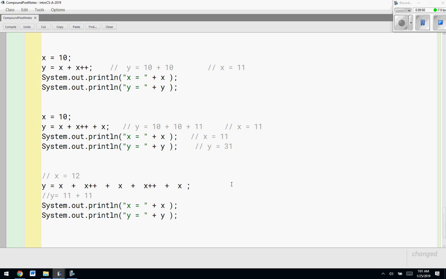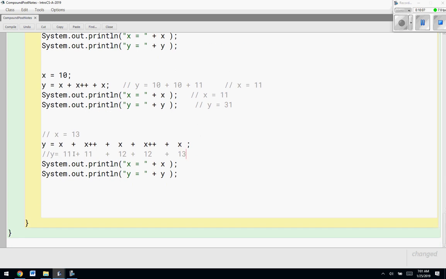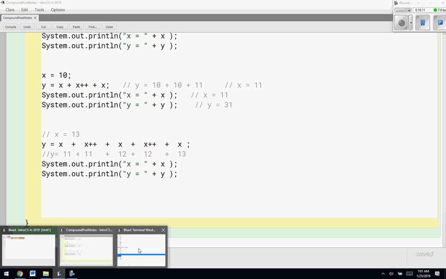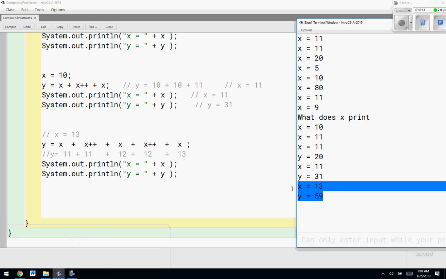I'm going to keep this on the same line and make it easy to follow. Plus current value of x, plus 12. Pause, increase the value of x by 1, come back here. So 11 plus 11 plus 12 plus 12 plus 13, 59. And x is 13.